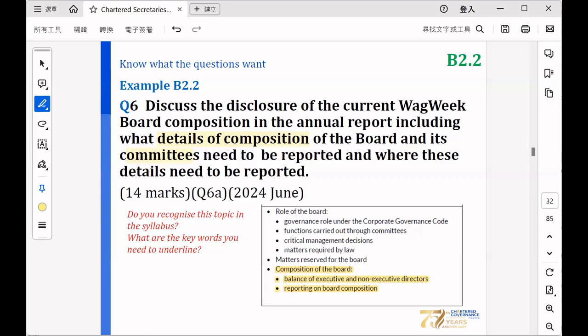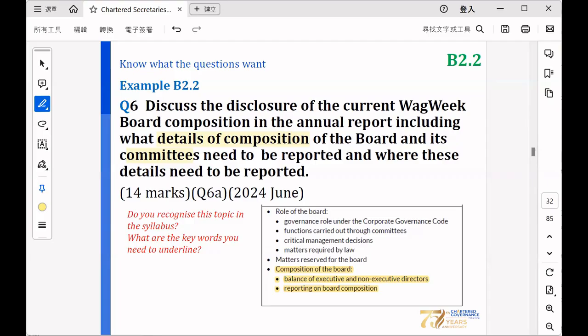And another thing that you need to report is that they have to appoint a company secretary. Again, we have in the scenario a dual role: one belongs to the in-house lawyer, and another role is the company secretary.